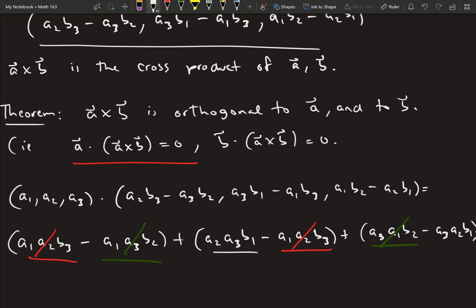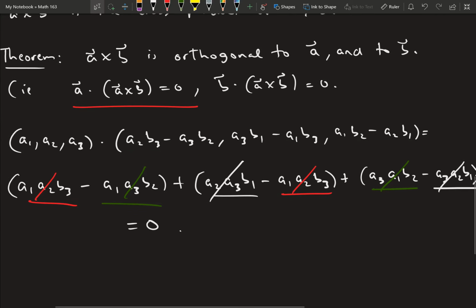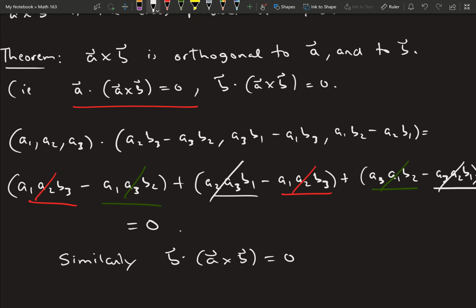Plus A2, A3, B1 minus A3, A2, B1, same permutation of the same thing. Those cancel, and that gives you 0. And similarly with the B ones, similarly B dot A cross B. I'll let you guys think about how to do that. Oops, not 0 vector, but just a 0 number.